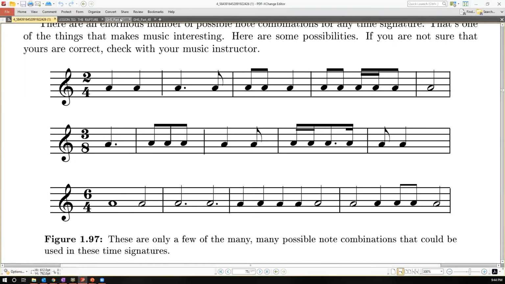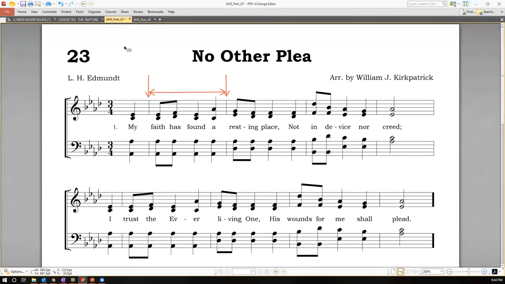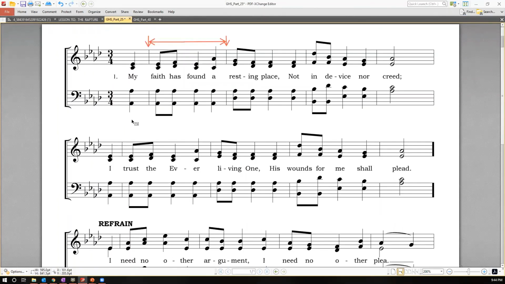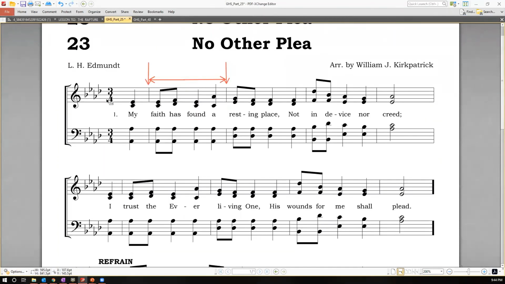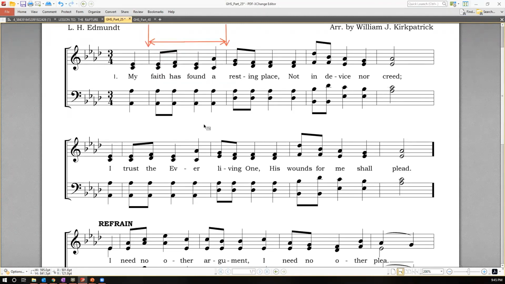So this GHS is the same thing. 3, 4, 3, 4 will still keep the same thing I was doing. So this would be 1 and 2, 3, 1 and 2, 3, 1 and 2, 3, 1. And that will be, yeah, so this is completed here.